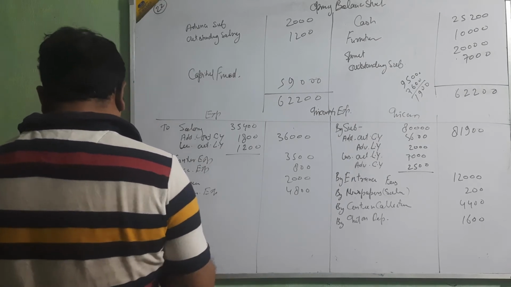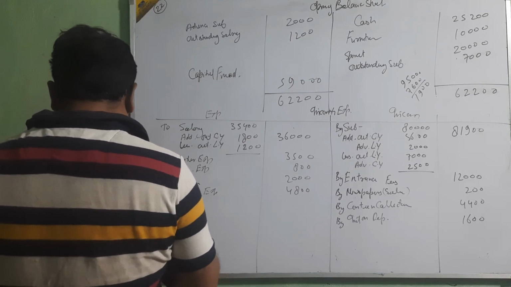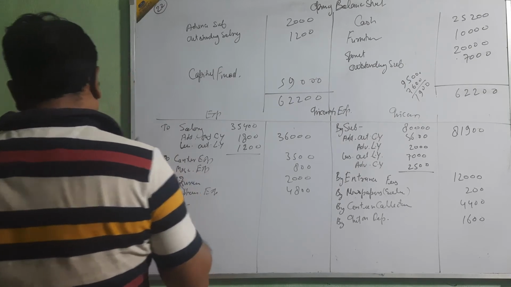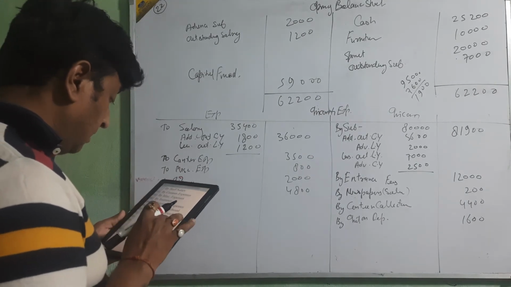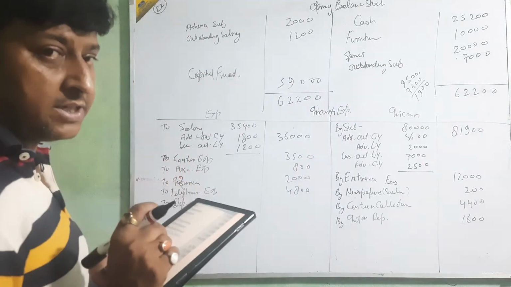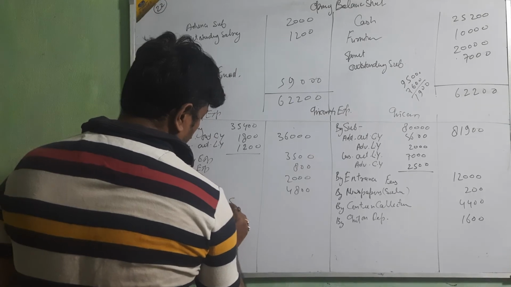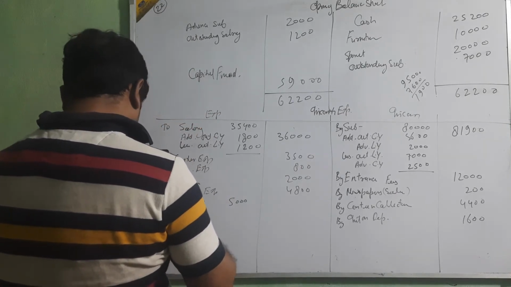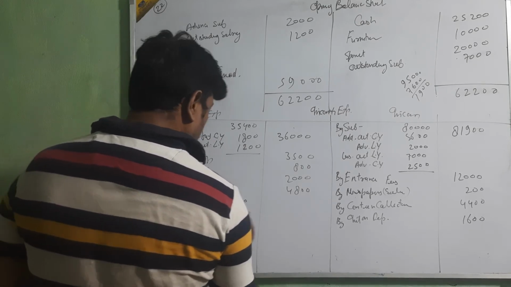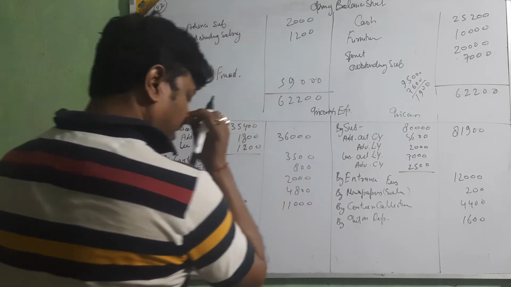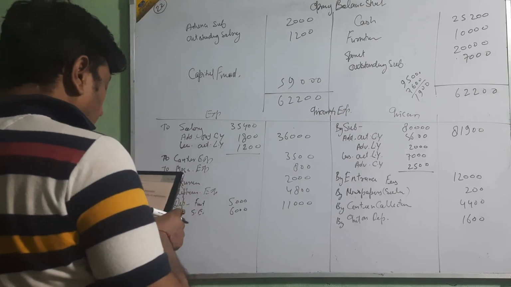So for the depreciation, beta, 20% on furniture and 30% on sports equipment. So 20% of furniture, 10,000 old furniture, and furniture purchase 15,000, total 25,000. 20% of 25,000 furniture is 5,000, and 30% is 6,000. Sports equipment total is 11,000. Okay, anything else? Nothing. Now we are going to totaling of this.